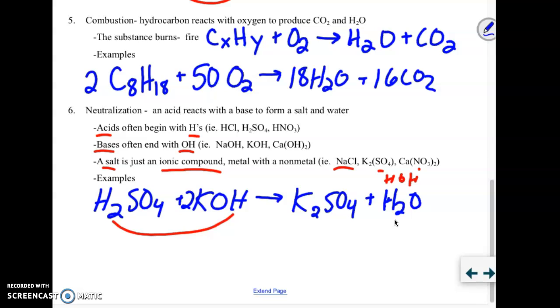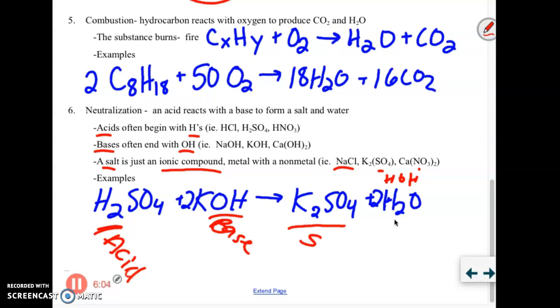And there should be a 2 out front here to make it balanced. And potassium ends up with the sulfate. So it looks like a double displacement, but it's a specific type of double displacement because here is your acid, starts with an H. Here is your base. This is a salt because it's ionic. And this is your water.